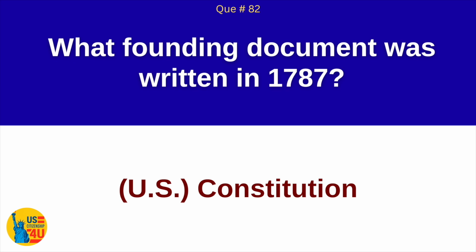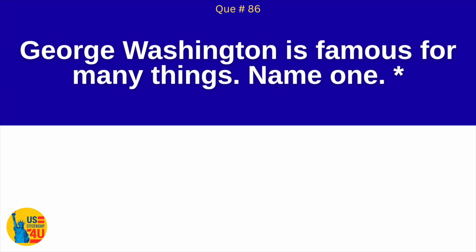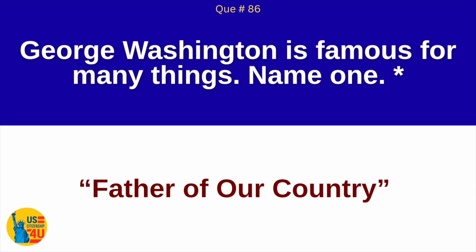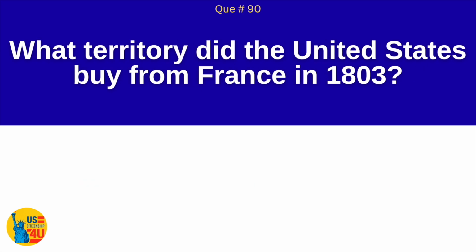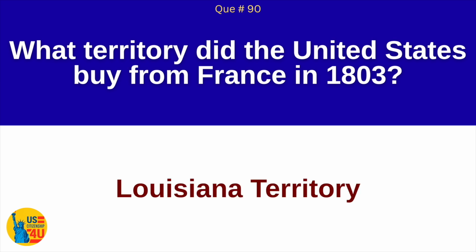U.S. Constitution. George Washington is famous for many things. Name one. Father of our country. What territory did the United States buy from France in 1803? Louisiana Territory.